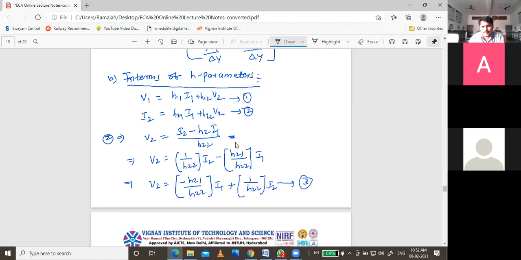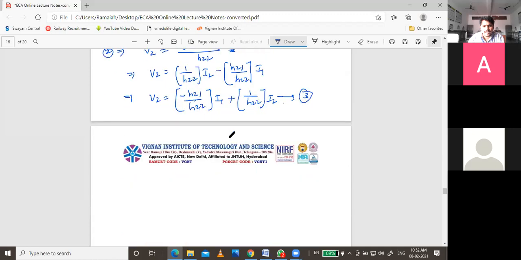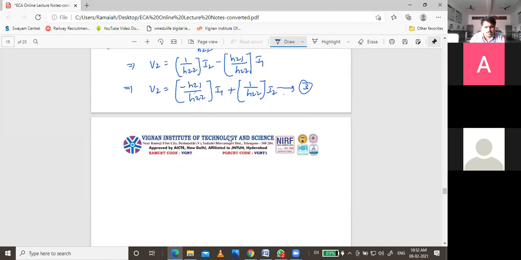Now we can compare this equation number 3 with equation B. V2 equal to Z21 I1 plus Z22 I2. Therefore, minus H21 by H22 is the Z21 value, 1 by H22 is the Z22 value. So that's for the comparison. Now from equation 1, what is equation 1?